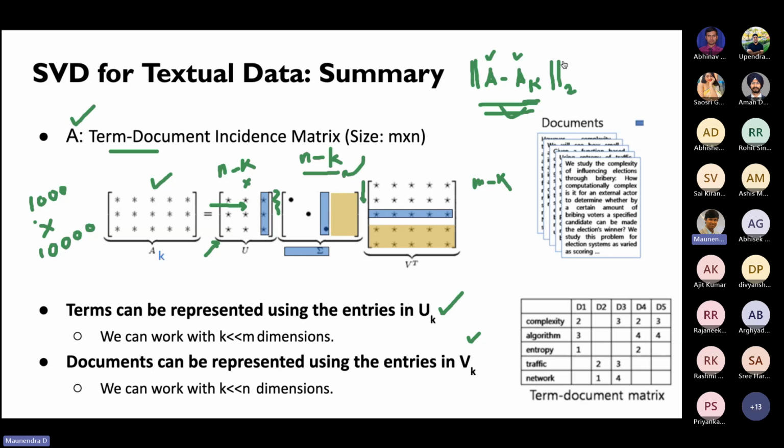Now this method will try to get all these topics as dimensions, and the words which are very close to those topics will be defining that dimension. So you can say that, suppose there is one topic, one dimension which is for say graph theory. All words which are actually in that will lie very close to it.